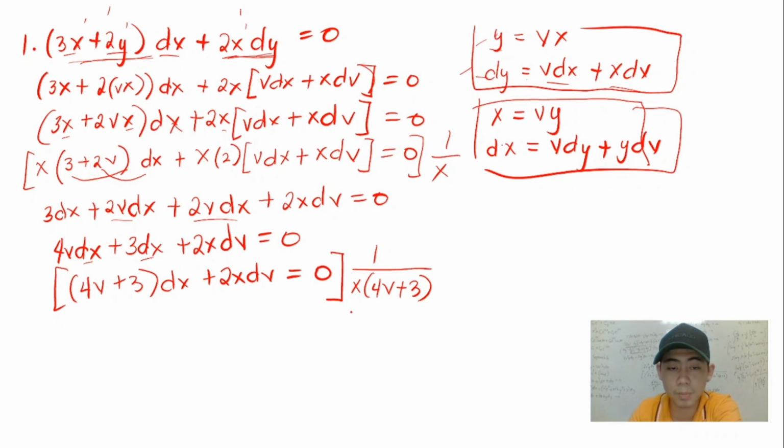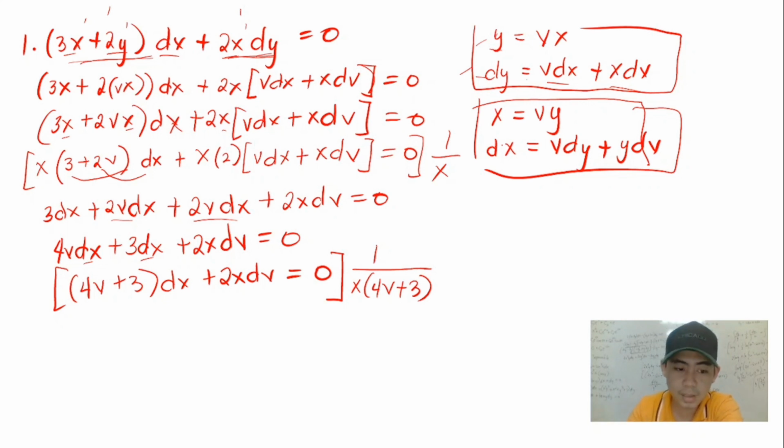Again, in variable separable, the given variable should be on the same side as its respective variable. So, for example, v should be with dv, and at the same time x should be with dx.